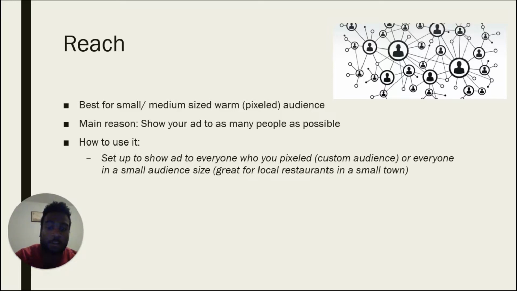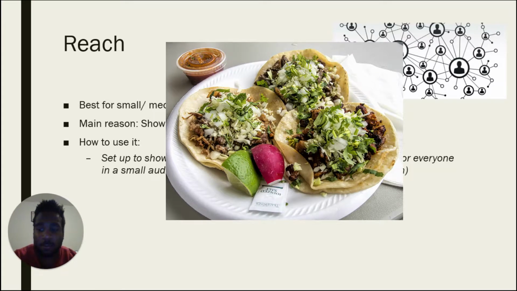The only way you could pixel them is if they visited you in some way, shape, or form. So if you're a local restaurant, since everyone likes food, and you have an audience that's already warm, you can use the reach objective to show, like, hey, you're having a 15% off Tuesday taco deal, whatever.